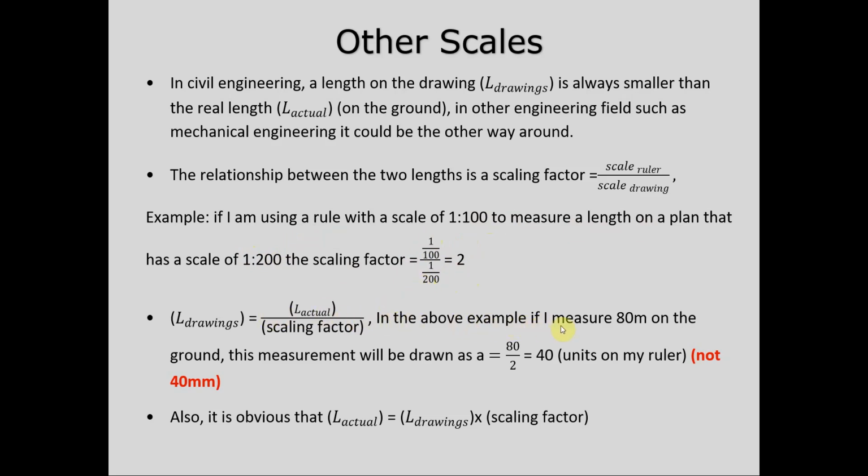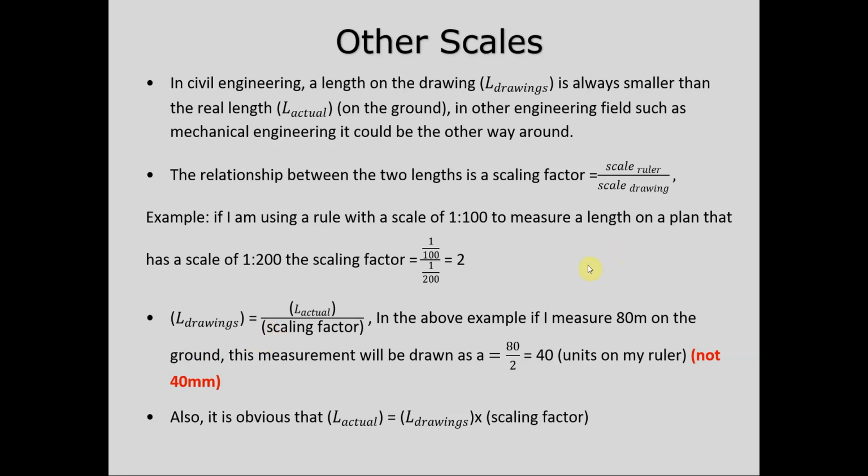In the above example, we measured 80 meters on the ground, on site. That's the other way around. Now let's say someone calls you on site saying, look, we measured this to be 80 meters. Can you please draw it on the plans, mark it on the plans, so we know if it's enough or if we would be short? Will it be enough to get to the intersection, or will it be short?